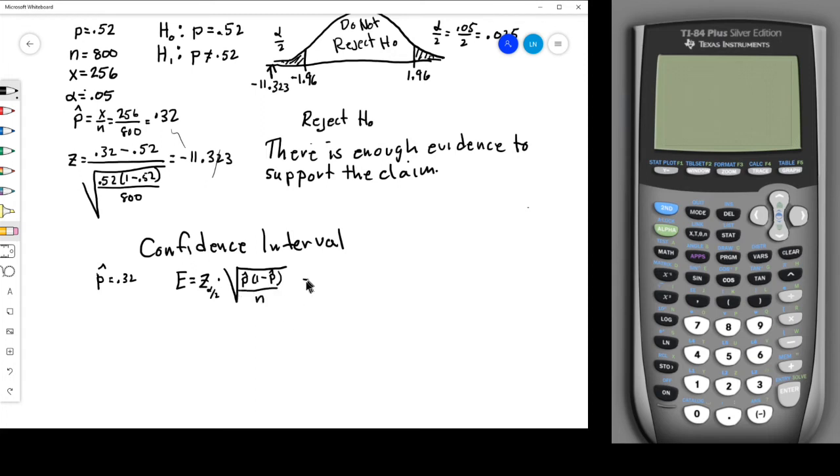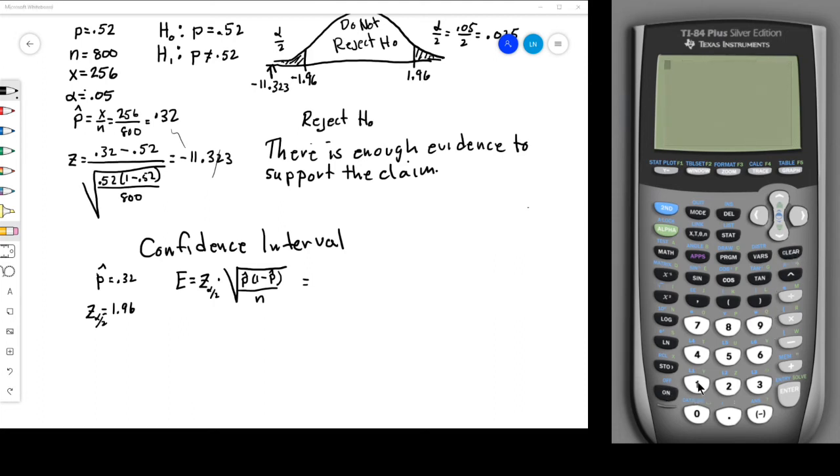Now, the z alpha over 2 we have already. It's 1.96.